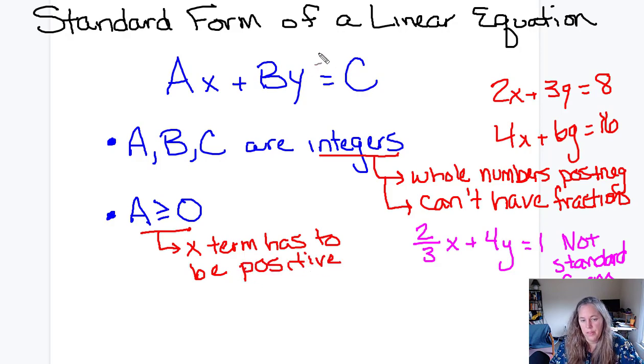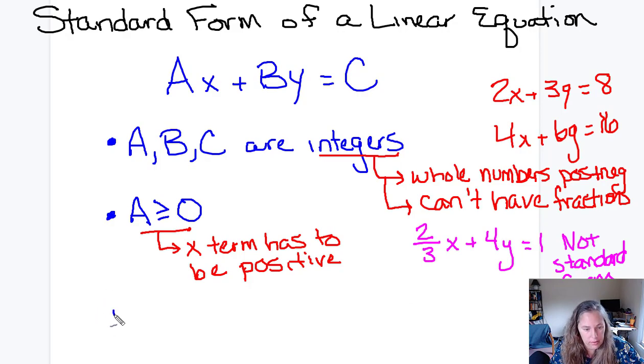One group came up with that the constant term has to be positive, which would be equally adequate. It's just that when mathematicians standardized standard form, they decided that the x term has to be positive. So the coefficient of x, a, whatever a is, has to be a positive number.